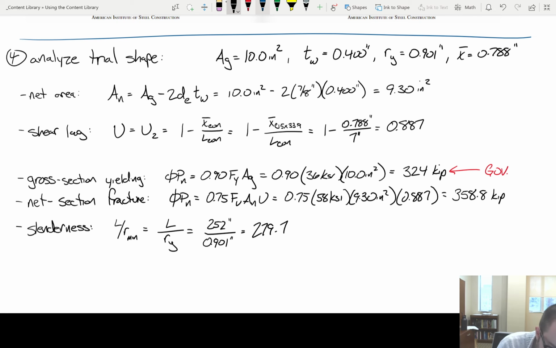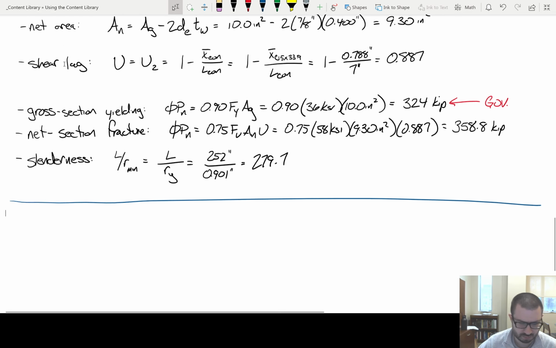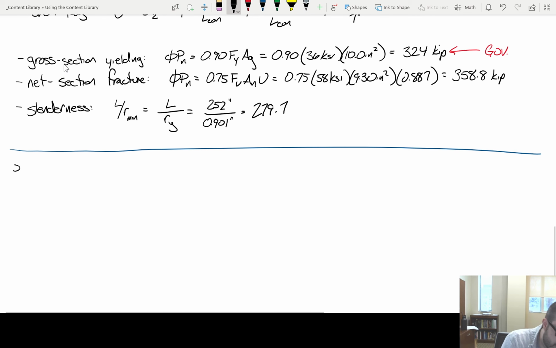Well, let's summarize everything. Let's just make sure that we're good on this problem as a whole. So I like to do a summary. In fact, step 5, I really sort of treat as a summary of the problem.